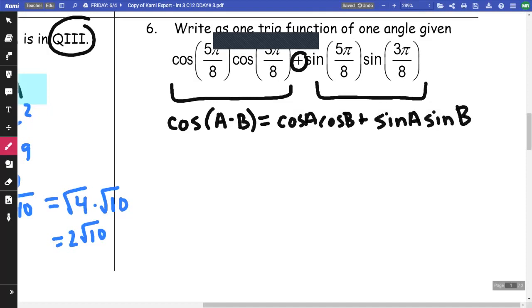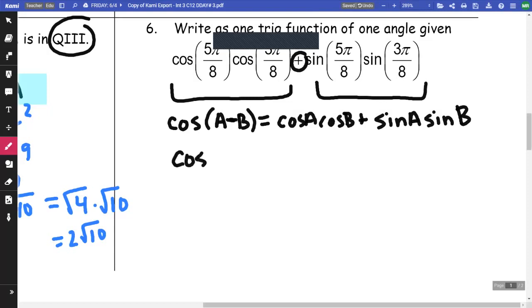And we want to write this as one trig function of one angle. So I don't want cosines and sines. I want one, and that's going to be a cosine, and that's a minus there. It's going to be a cosine, and I'm going to take the two angles and I'm going to subtract them.